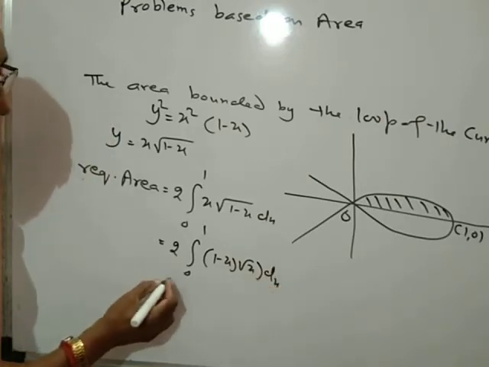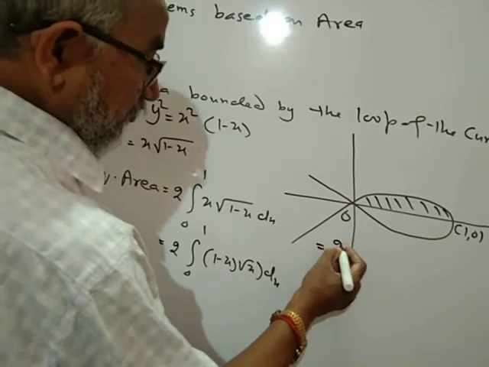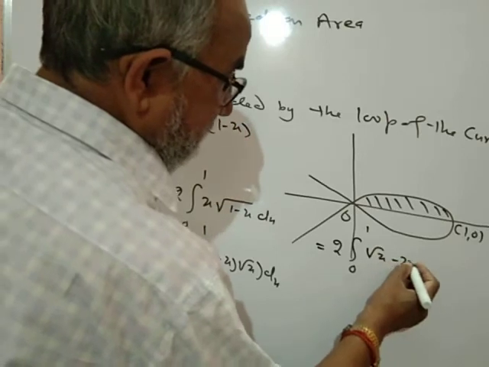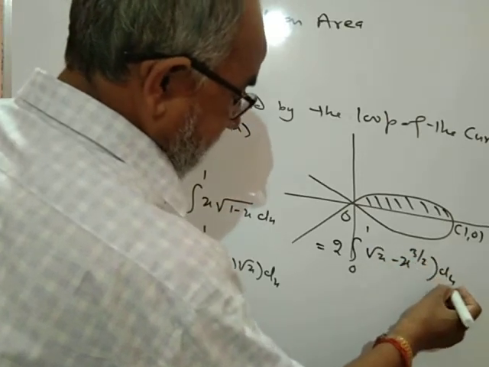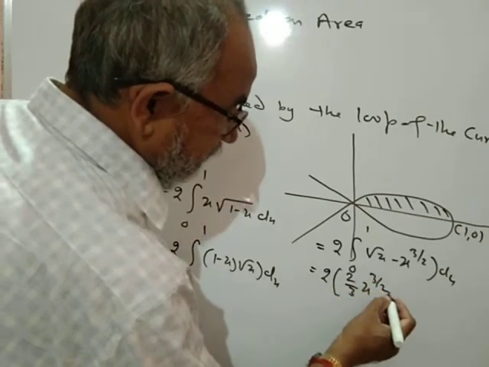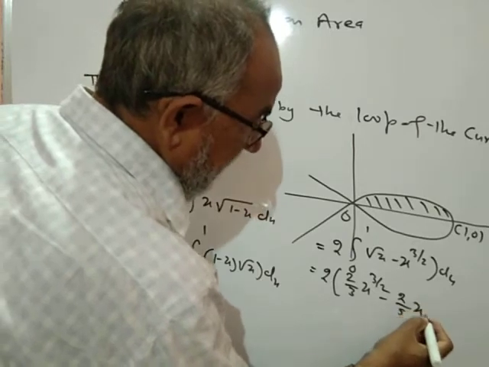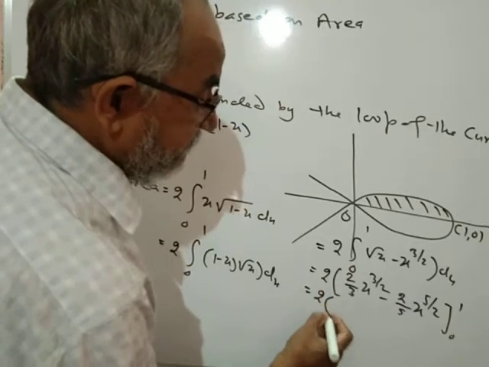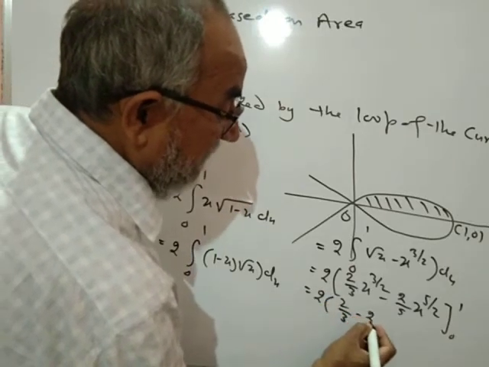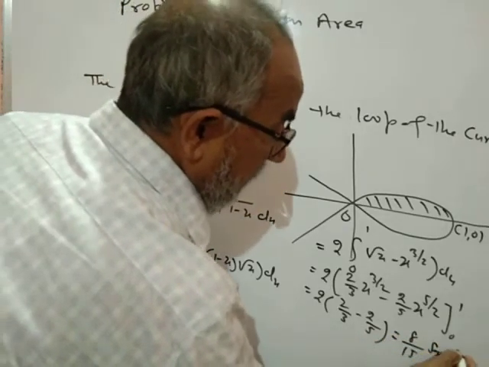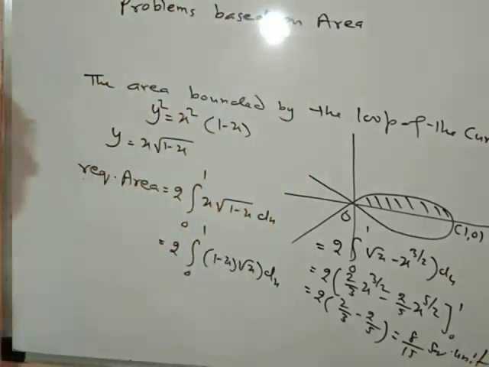So this is equal to 2 into 0 to 1 root x minus x raised to 3 by 2 dx. So this is 2 into 2 by 3 x raised to 3 by 2 minus 2 by 5 x raised to 5 by 2, 0 to 1. So this is 2 into 2 by 3 minus 2 by 5. This is 8 by 15 square units.